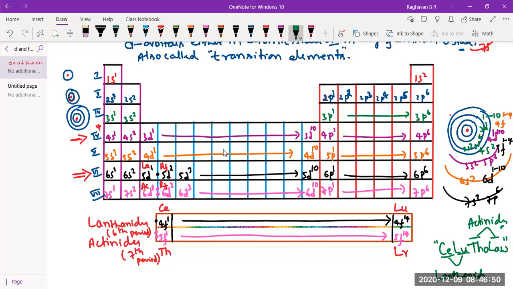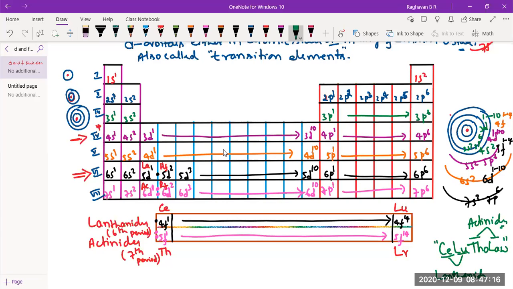So there are 4 series of D block elements: 3D, 4D, 5D, and 6D series, respectively belonging to the 4th, 5th, 6th, and 7th periods. So 3D series is not present in the third period, it is present in the fourth period. 4D series is present in the fifth period. 5D series is present in the sixth period, like that. You should remember, because penultimate D is always correct.